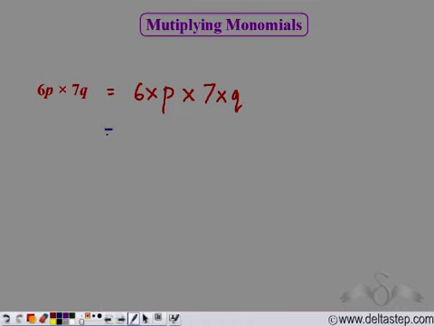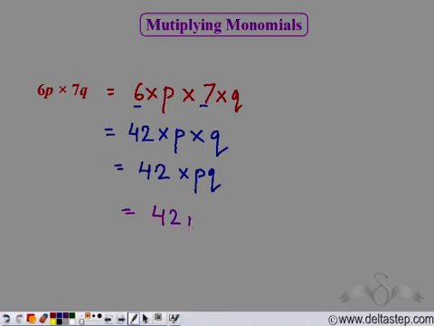Now we take 6 and 7. What is 6 into 7? 6 sevens are 42 into p into q. So 42 into p into q. It can be written as 42 into pq. pq are two variables which are being multiplied. So 42 into pq, a constant multiplied with pq, is 42pq.